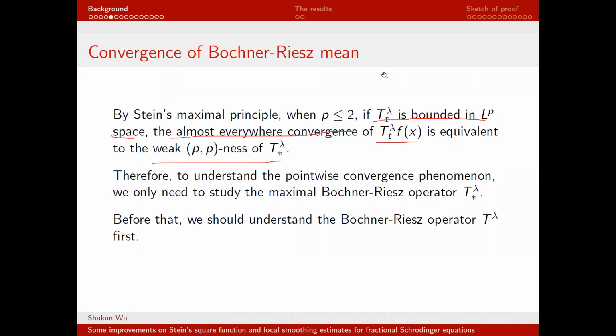Before that, a prerequisite is that all these operators T lambda T are bounded in LP space, so we should understand these operators first. After dilation and modulation, they are all reduced to the Bochner Riesz operator. So there is a reason why we should understand the Bochner Riesz operator first.